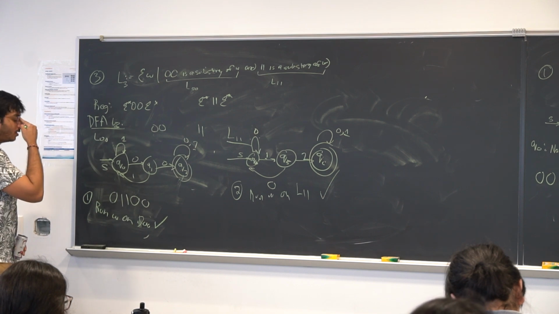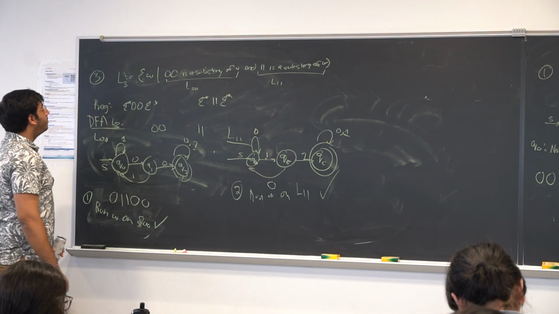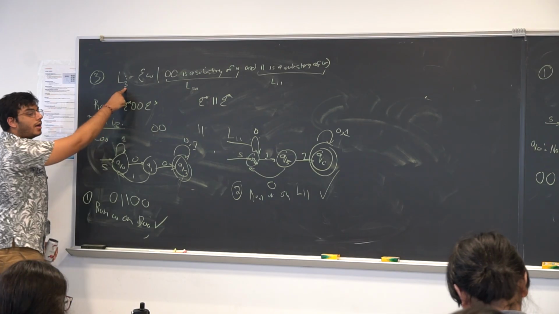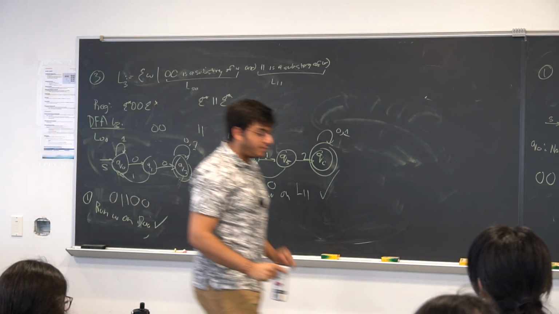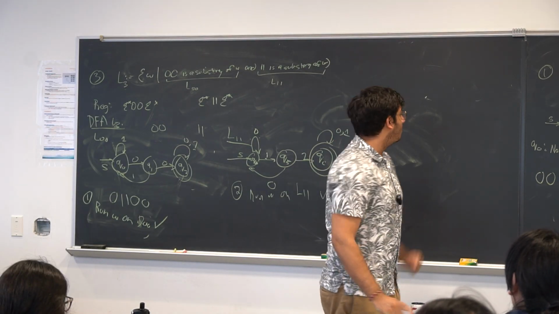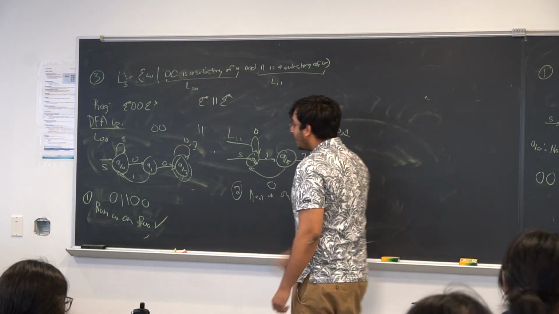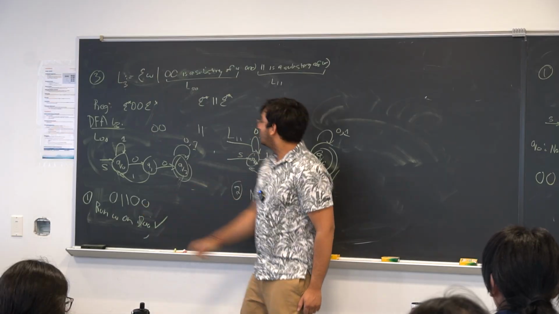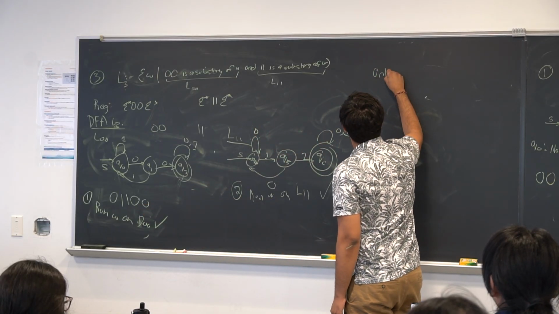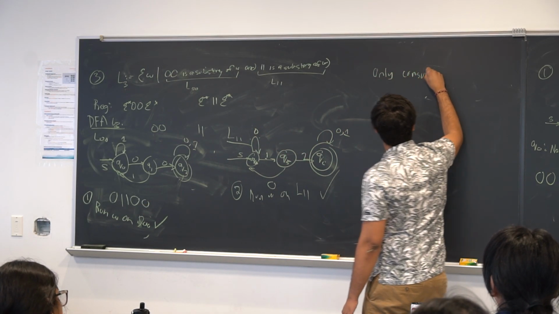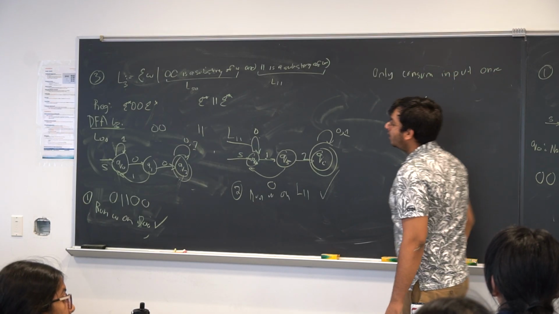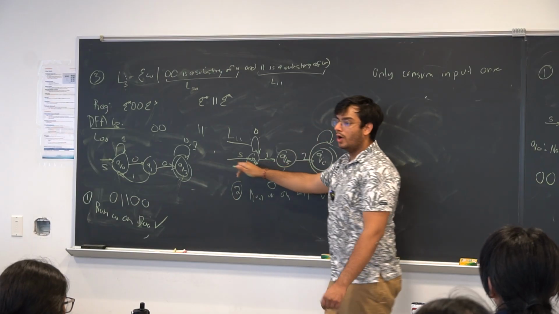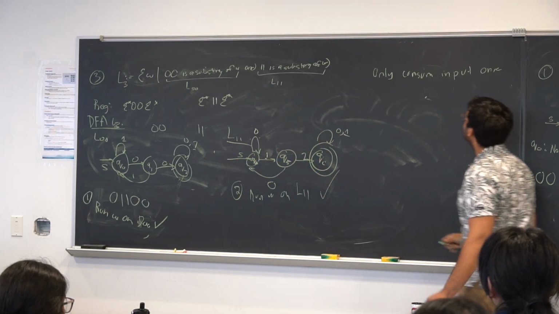Okay, so the problem, I think, asks us to draw a DFA for L3. The issue with the approach I've drawn here, not for proving, but for coming up with a DFA, is I can only consume my input string once. Let's say I drew a 0, 1 here and tried to merge the 2 DFAs together.